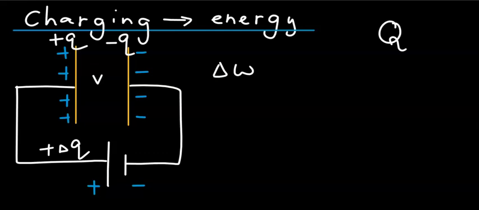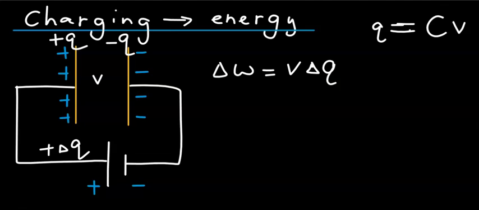So delta little w will be equivalent to that little v times the amount of charge the battery is trying to place. From the capacitor equation, we know the amount of charge on a plate is proportional to the potential difference that is being built up between the plates, and the proportionality constant is quite simply the capacitance of the capacitor.